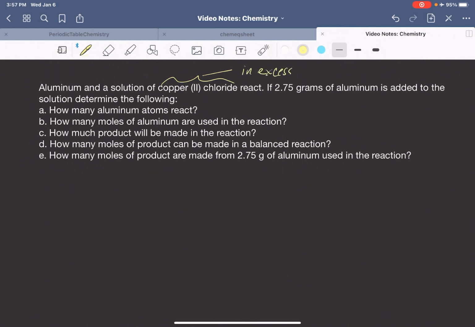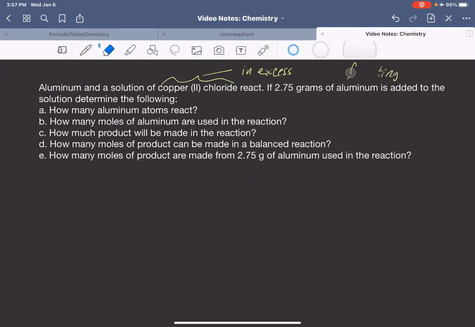It doesn't say that, but in this problem, we have to assume that that is the case. What we mean is that there's more of this than what is needed. And so with that said, the aluminum would be what we call a limiting reactant.